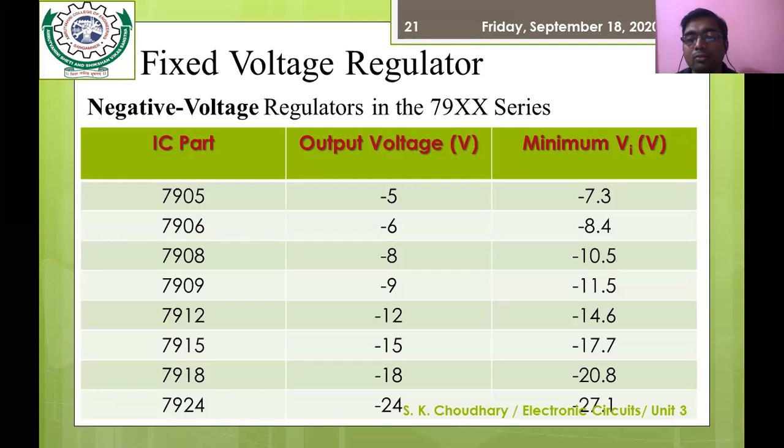Here also you have to use a transformer that produces an output voltage some level above that. These are the experimental values. The minimum input voltage required to produce minus 5 volt is minus 7.6. It is not necessary to always use a transformer with exactly that output; more than that is also possible.